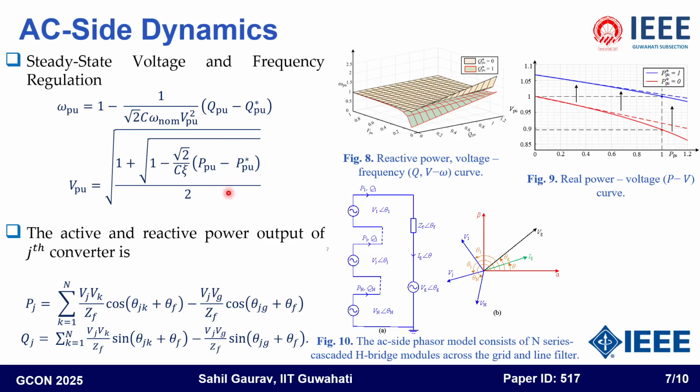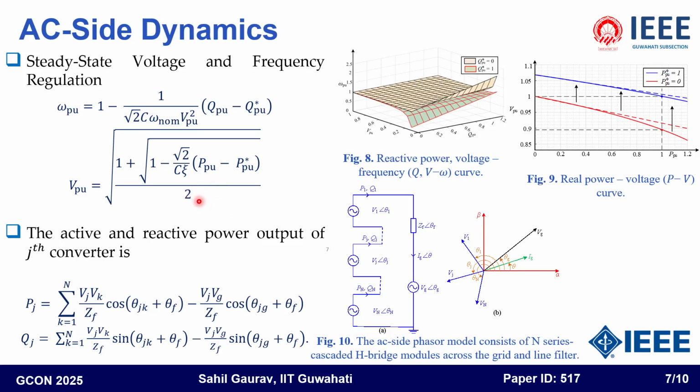If you select the rotating angle phi equal to 0, then the steady state voltage and frequency dynamics come, where the angular frequency depends upon the reactive power mismatch, while the voltage magnitude depends upon the active power mismatch.